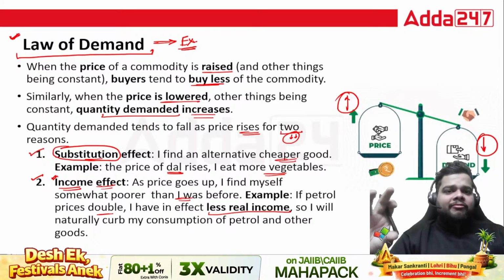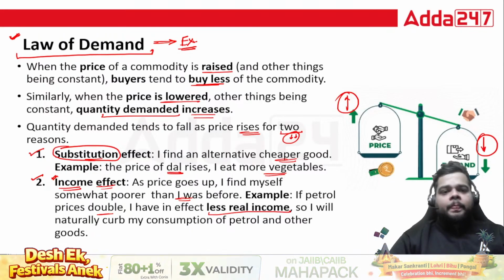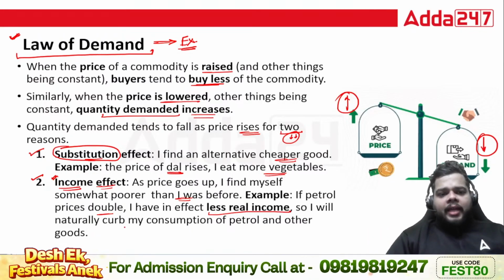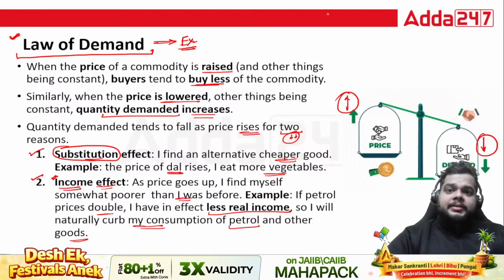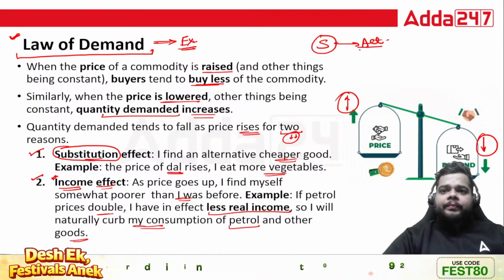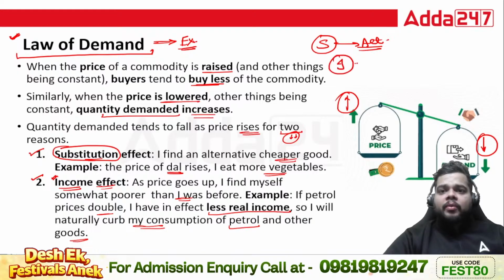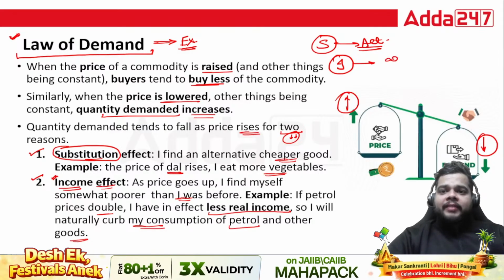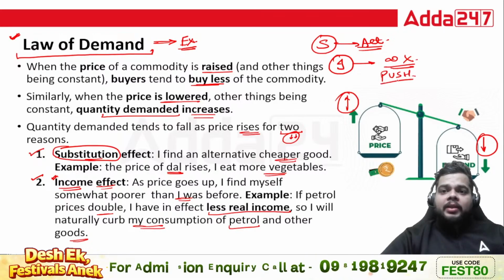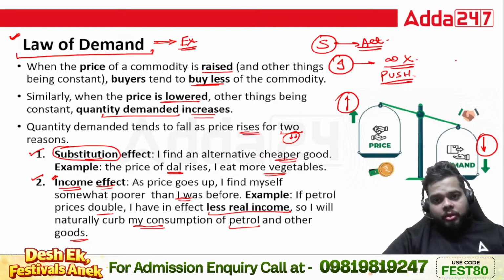Because I have a fixed income, a fixed job. So I will do what? I will naturally curb my consumption of petrol and other goods. Fine. Substitution is what? You have the alternative. And the income effect states what? You have a fixed set of income. You do not have infinite income with you. Fine. That is the push factor why you are switching to cheaper goods.